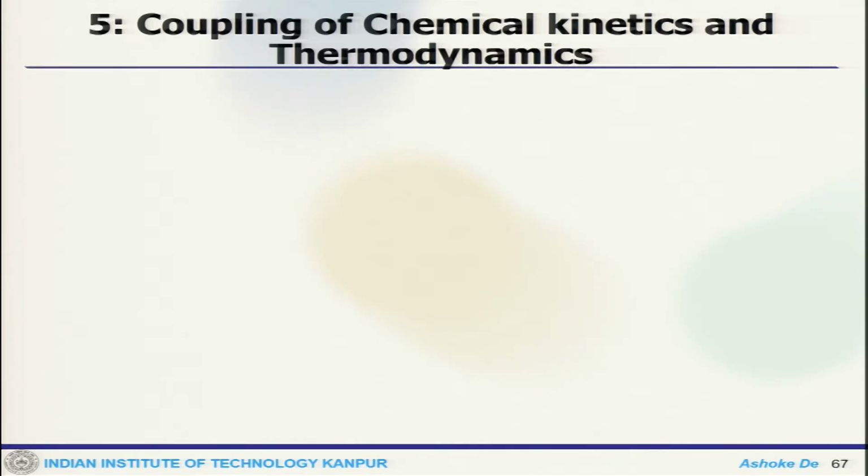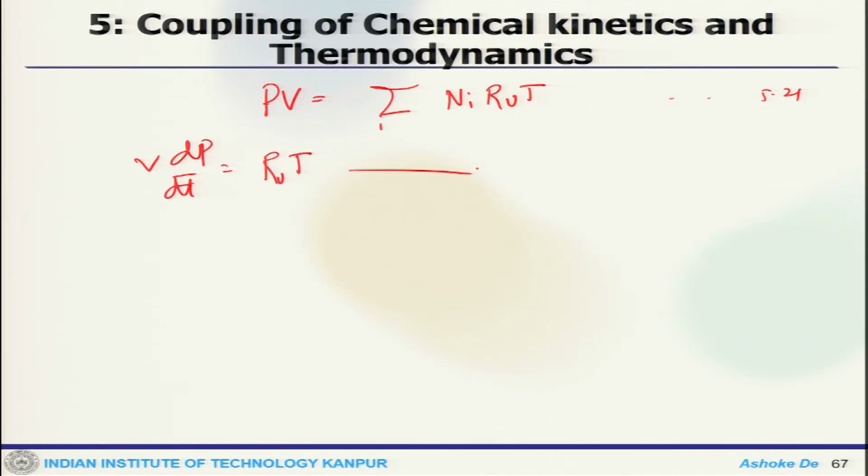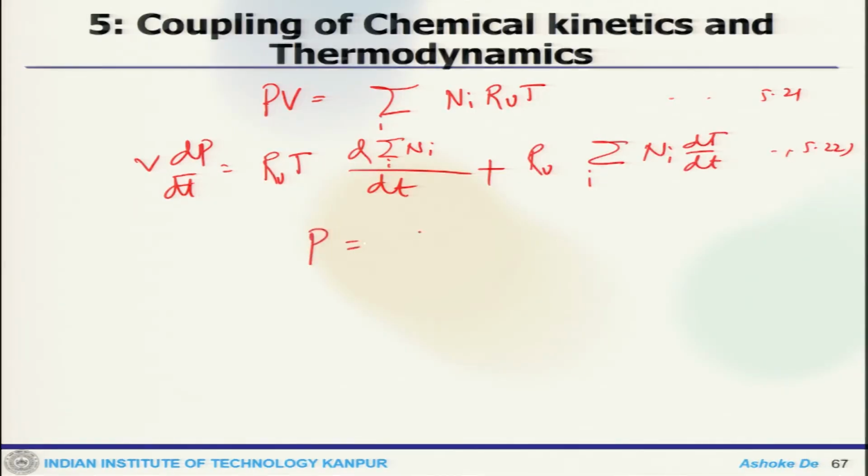Now, to get dP/dt, again we will start using the ideal gas law, which is PV equals summation over i of N_i R_u T, and we get dP/dt, R T d summation over i by dt, and P is all the species R_u T. So, that is the total pressure of the system.